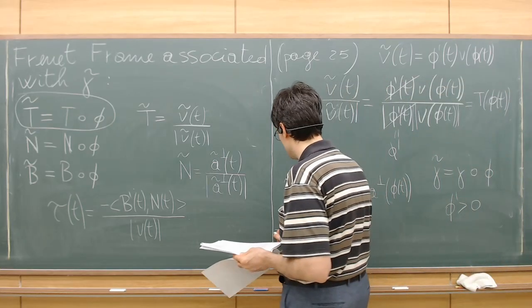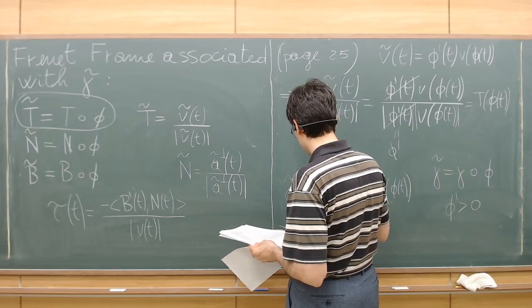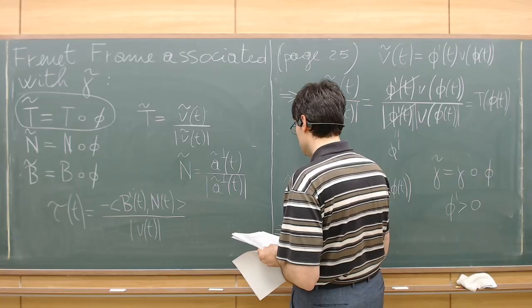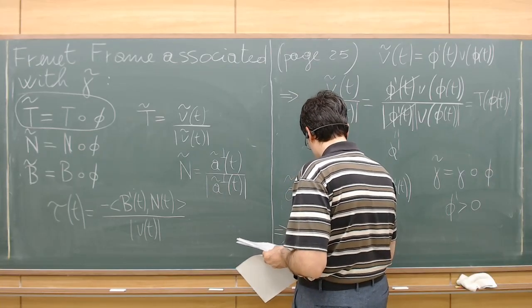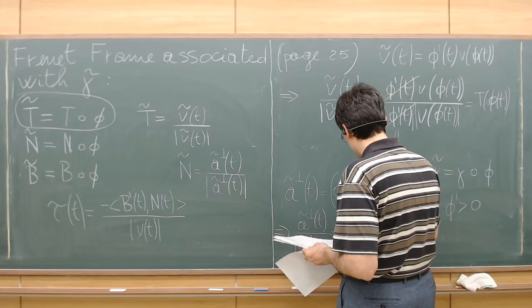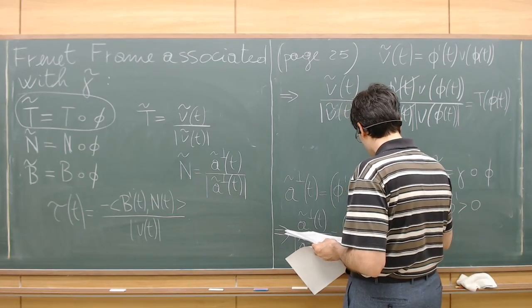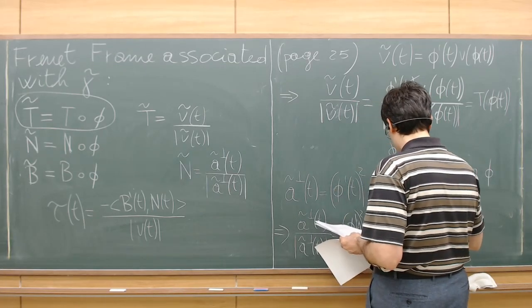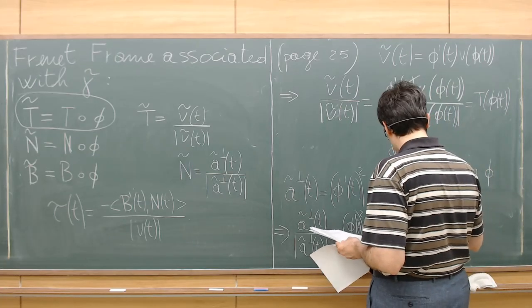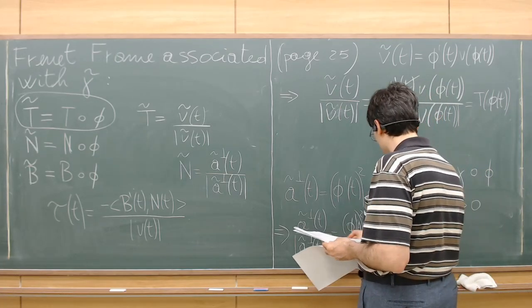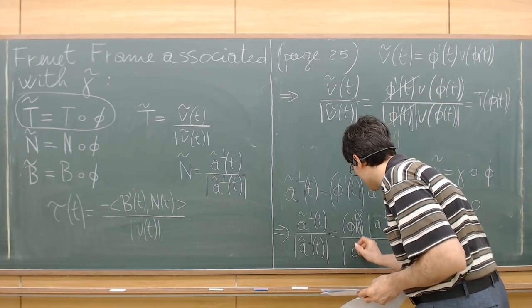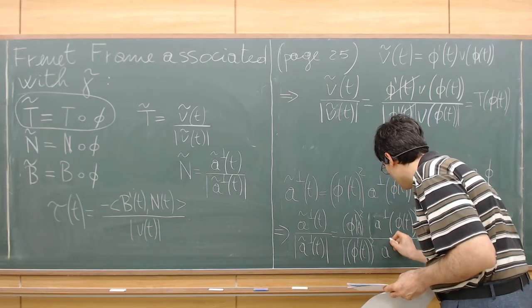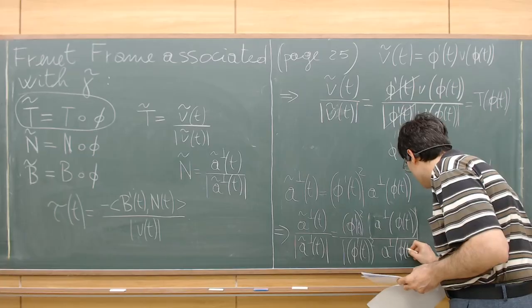So this implies that A tilde orthogonal of t divided by its length is phi prime of t squared multiplied by A orthogonal of phi of t, divided by the length of phi prime of t squared A orthogonal of phi of t.